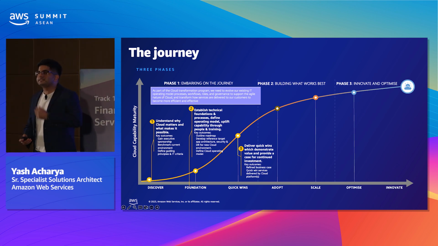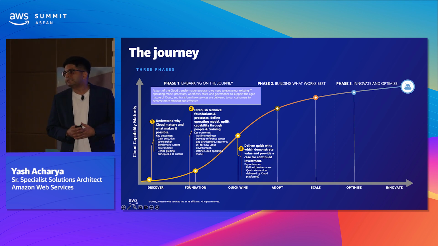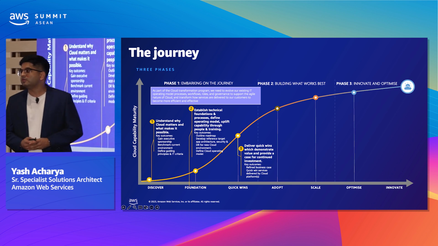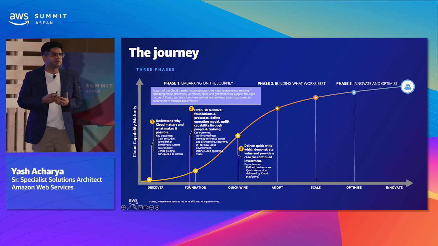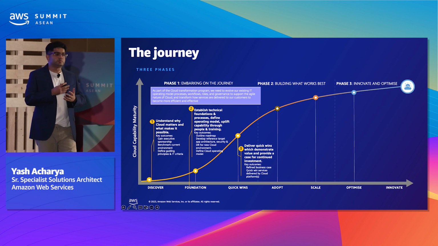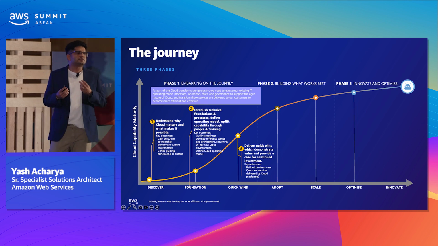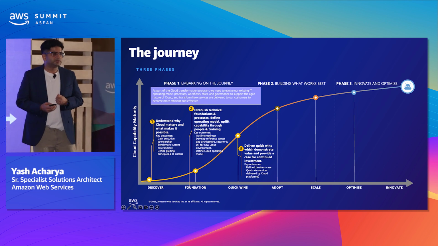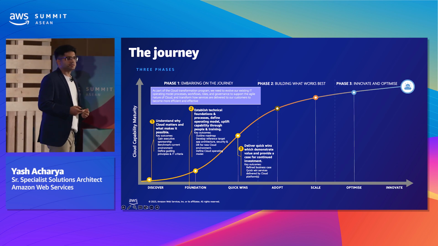So just an example, customers in this region, specifically in ASEAN, who've been successful and have been accelerating their overall migration journey, they've taken up applications which are in the middle tier of high critical to medium critical. The applications would have less dependencies, but it is adding business value, right? So those applications can be taken up as part of quick wins.